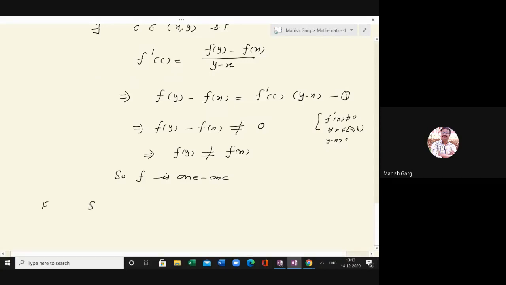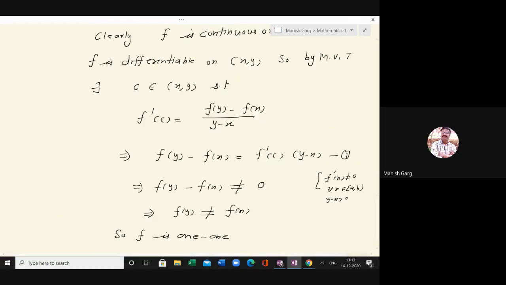Sir, one doubt. Over there you have taken f dash c equal to 0. No, I am not taking the second example.